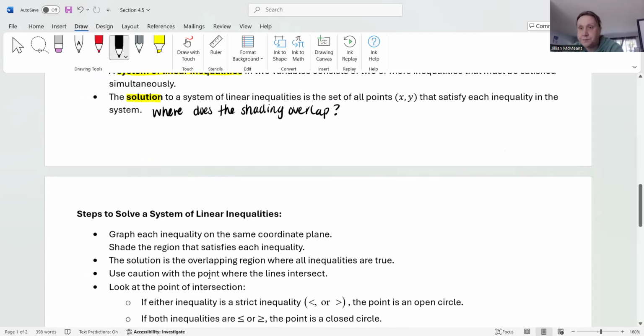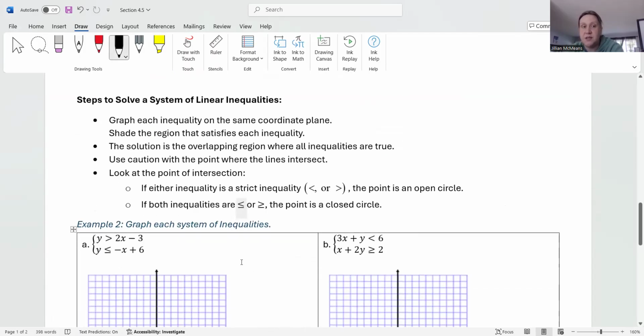All right. So, steps to solve a system of linear inequalities. The first thing we have to do is graph each inequality on the same coordinate plane and then shade the region that satisfies each inequality. Let's do a quick overview of what that entails. The first thing we do is solve each inequality for y.